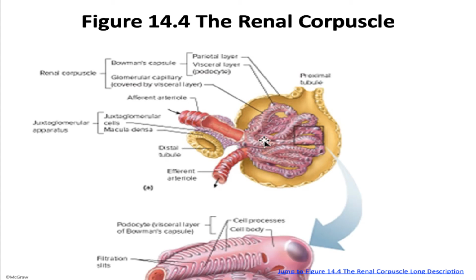So in pink we have the glomerular capillaries. In red we have the two arterioles, the afferent arterioles which bring blood in, and the efferent arterioles which take blood away. Then we have the yellow structure. These are the cells of the Bowman's capsule.